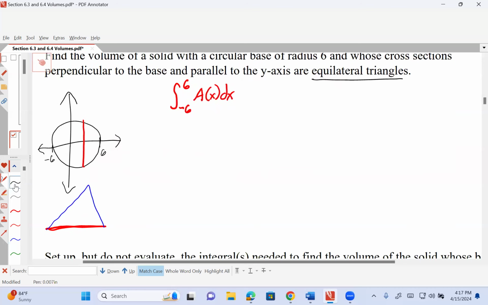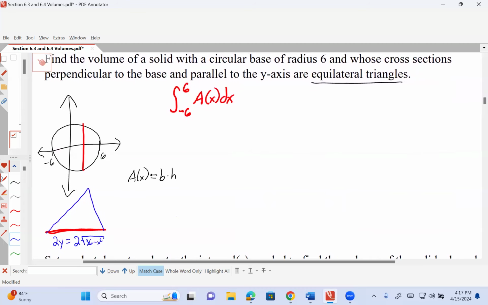We know that to find the area of a triangle, we want to find the base times the height. In the last problem, we saw that the base was 2y, or 2 times the square root of 36 minus x squared. But we need to find the height of this triangle.